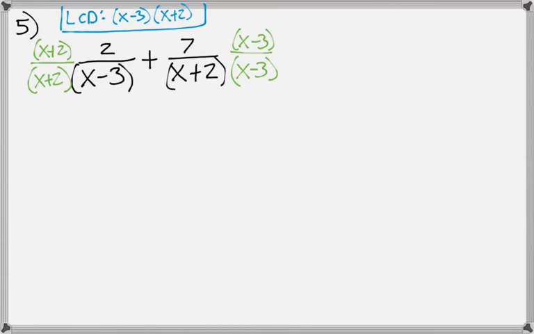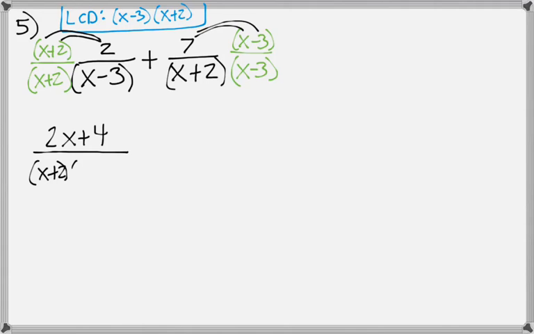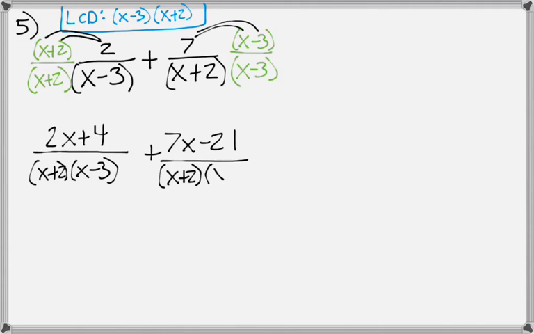Okay, so I want to simplify this, and we actually distribute this number across the parentheses. So on the top, it's going to be 2x plus 4 over x plus 2, x minus 3, plus 7x minus 21 over x plus 2, x minus 3.